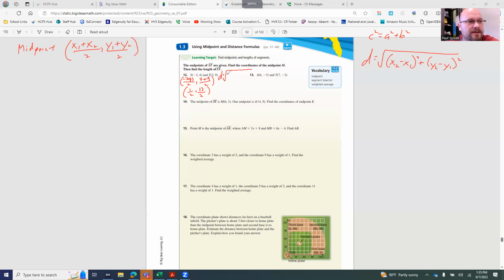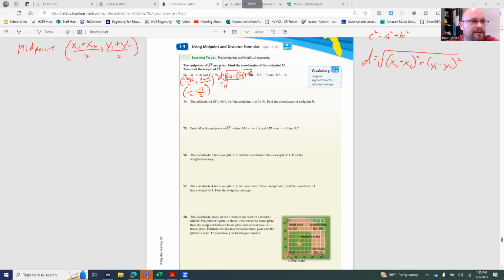The x values first, we got -2 minus 3 squared plus 4 minus 9 squared.